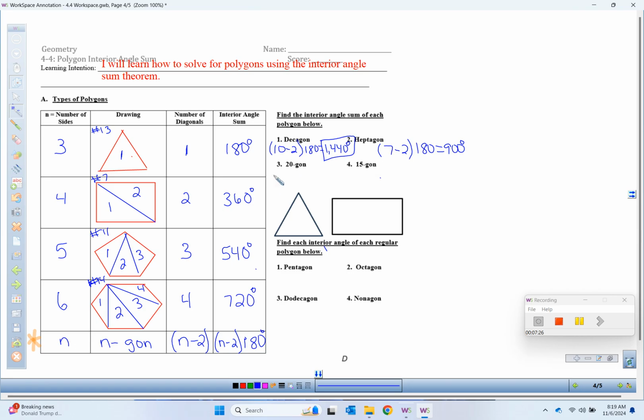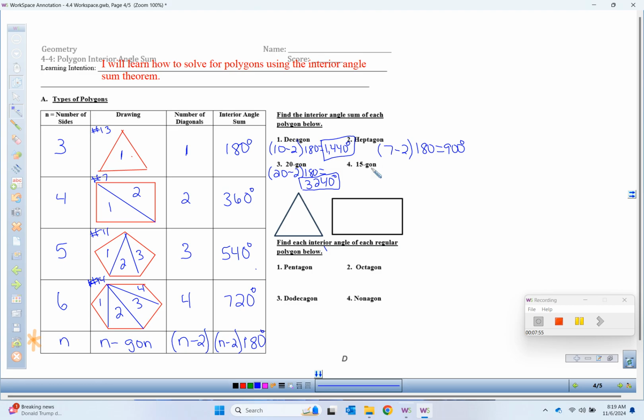It's the same process, the same formula. So we have 20 sides minus 2 times 180, and you should get 3,240 degrees. Okay, so every angle of a 20gon added together will get you 3,240 degrees.